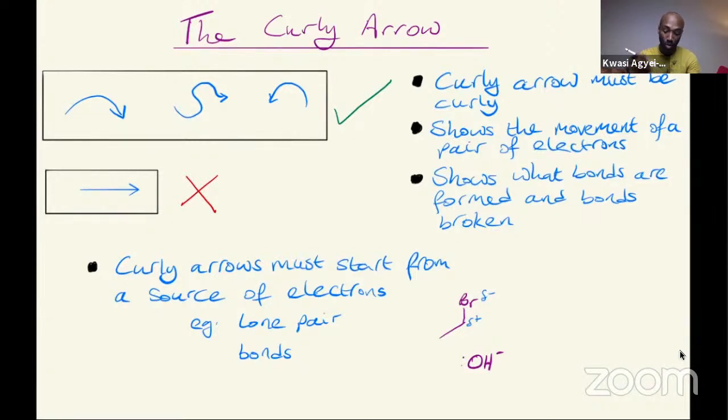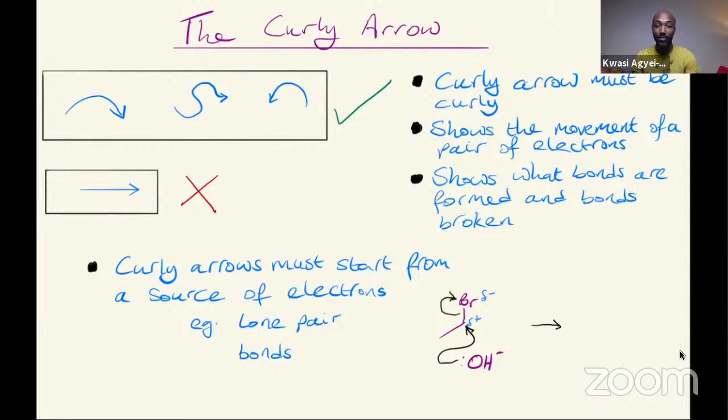What you want to do is show the movement of a pair of electrons in the lone pair towards that carbon with a delta plus, or partial positive, charge on it. So that is showing the movement of a pair of electrons. The result of this movement ultimately is that the carbon-bromine bond is broken.